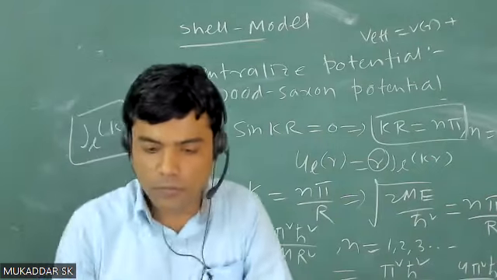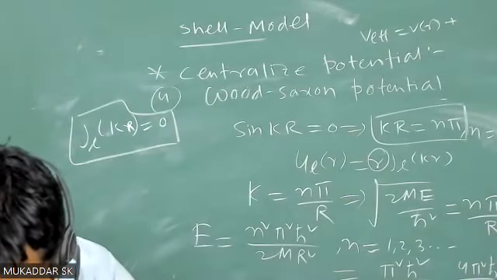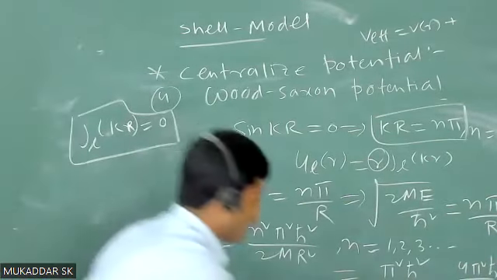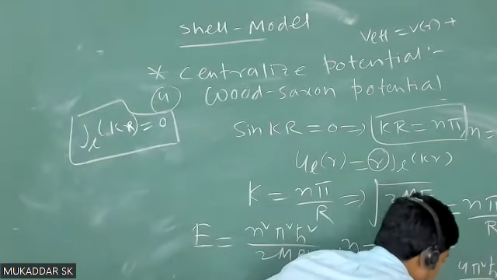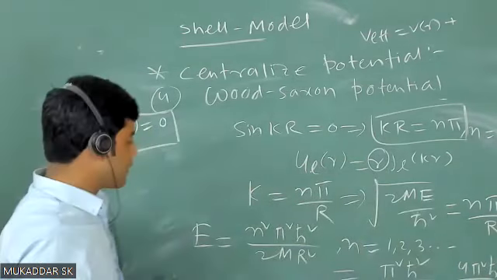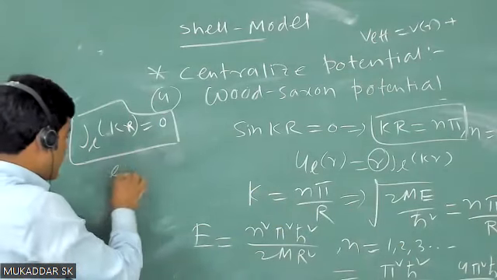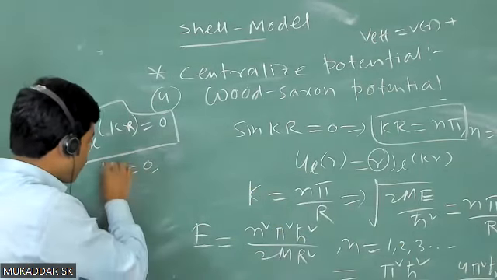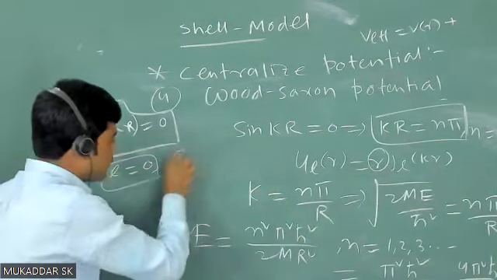This value will be corresponding to which orbit? Can you tell me? This will be corresponding to 1s. This will be corresponding to 2s. Why is this 1s and 2s? Because you have taken L equals to 0 and all possible orbits will be corresponding to s orbit.